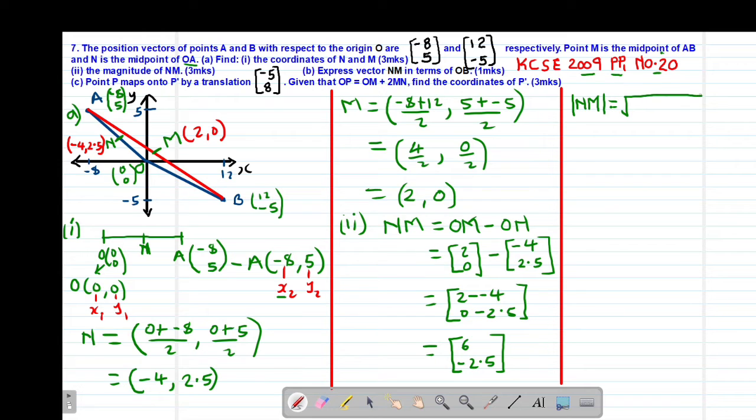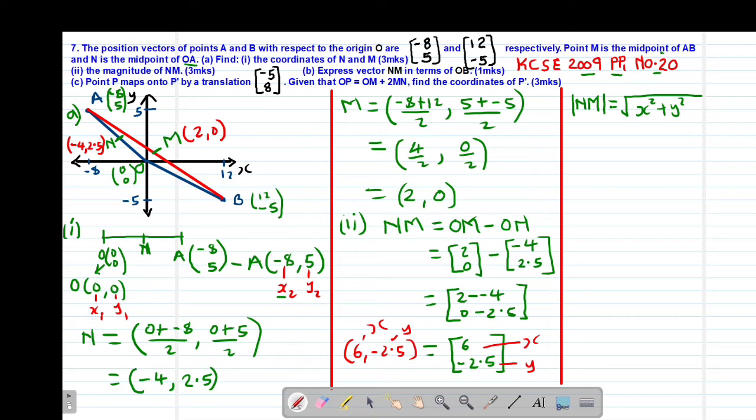When you want to find the magnitude, you take the square of the x coordinate plus the square of the y coordinate. The first coordinate here represents our x coordinate, then the second will be y. Written as a coordinate, it will be 6, negative 2.5. Therefore, this will be the x, then this will be the y coordinate.